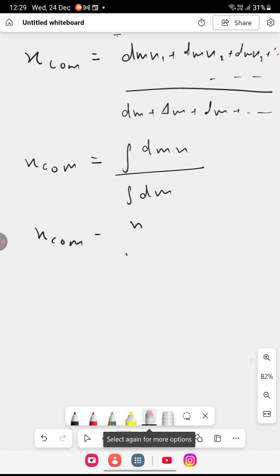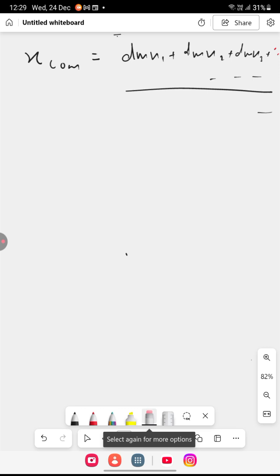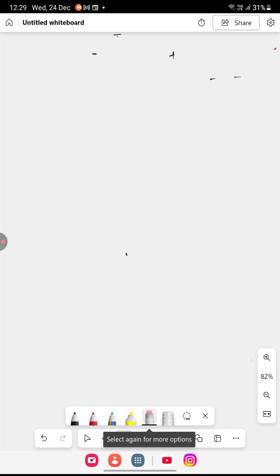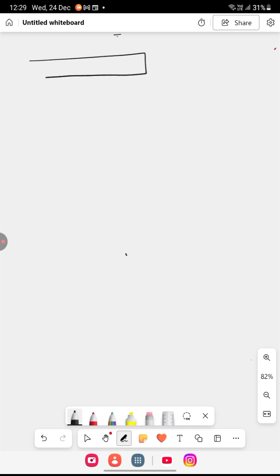We have a rod having continuous mass distribution. How will we find the center of mass for that rod? Its origin is here.